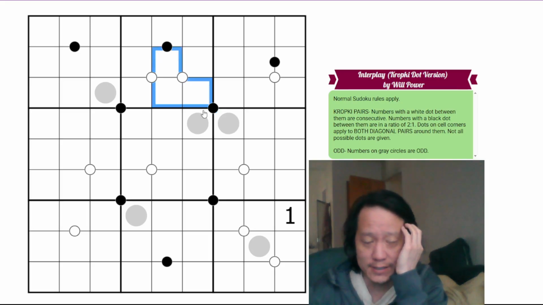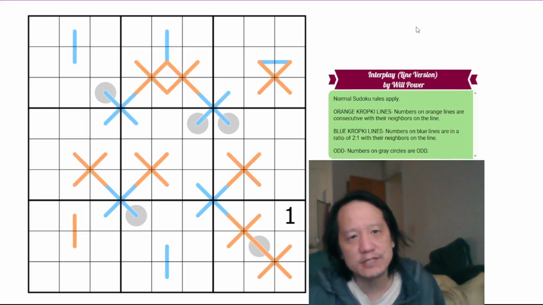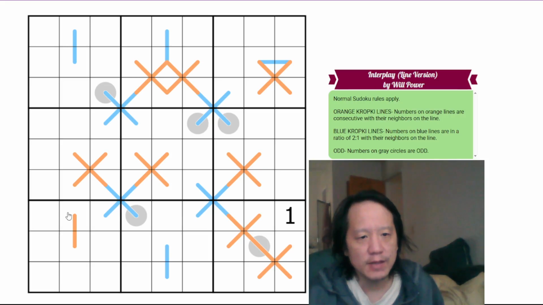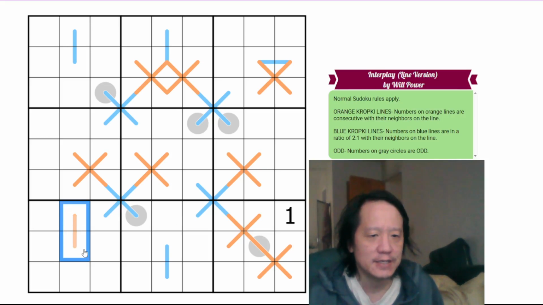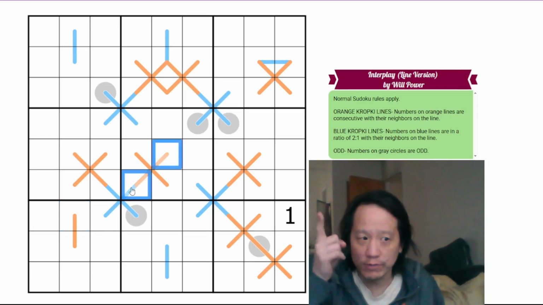So you have the white dots on the corners. It means the diagonals both must be consecutive. These two must be consecutive and these two must be consecutive. But it's very explicit when you have the Kropke lines versus the Kropke dots. And of course you have Kropke dots normally. With the Kropke lines, you just have one rule set.